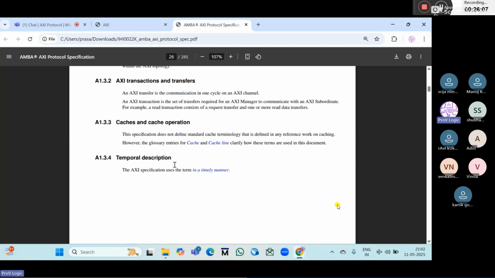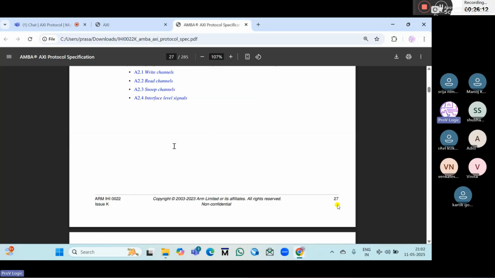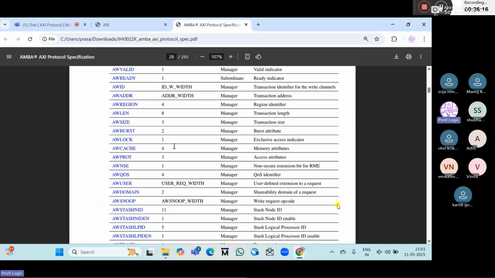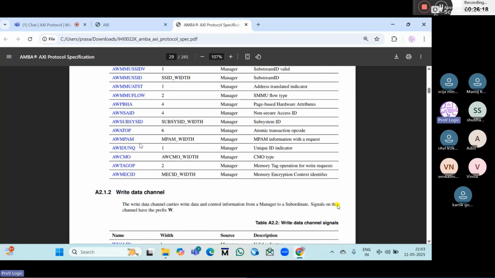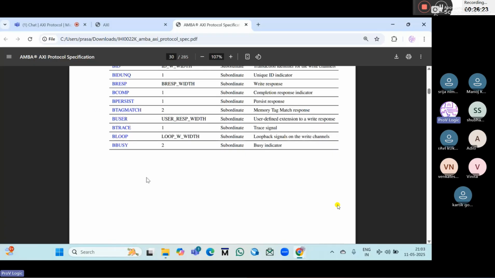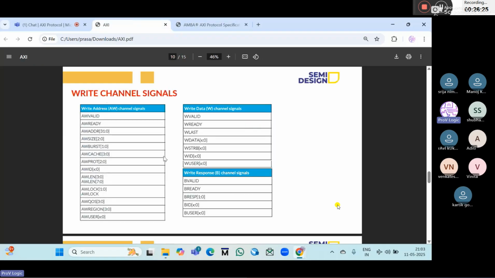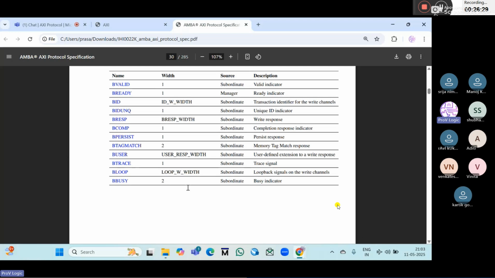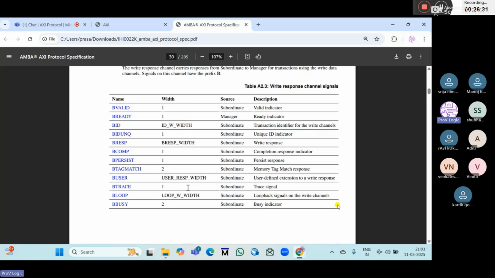Next, AXI transaction and transfer. We explained the difference between transaction and transfer, and the signal list. These are the signals I am explaining now, and all of these are not required. Whatever the required signals are, mainly whatever we use, I have already listed here. But still, if you want to understand, have a revision just one time.